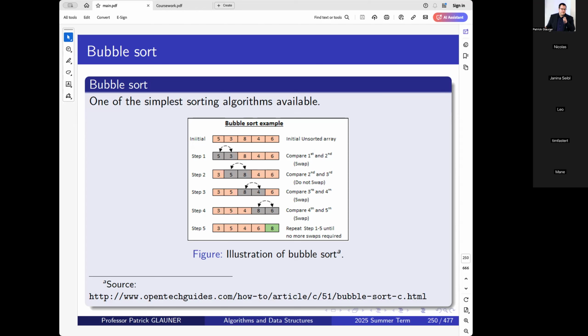not very good. Then a more reasonable approach, and it's probably also one of the simplest approaches, but one that actually works, is a bubble sort. And the bubble sort works the following way. Imagine you have a data set that is unsorted, and the sequence is 5, 3, 8, 4, 6.